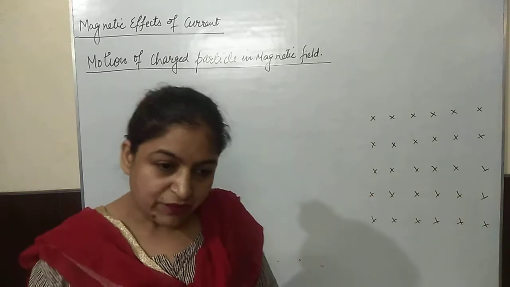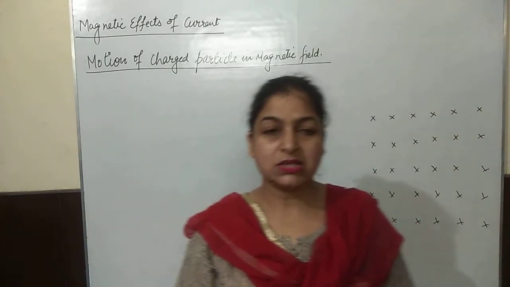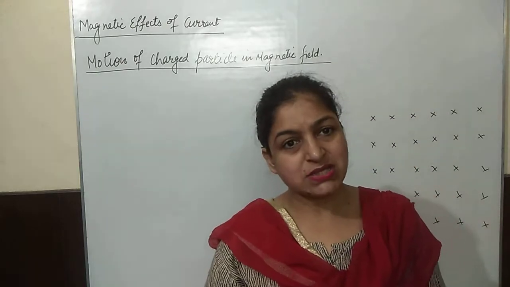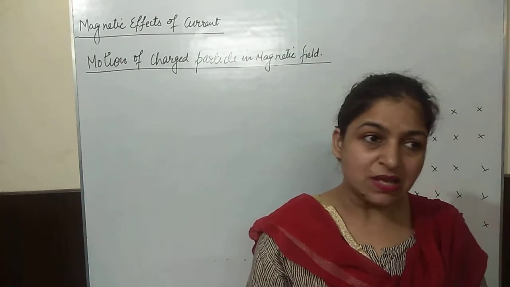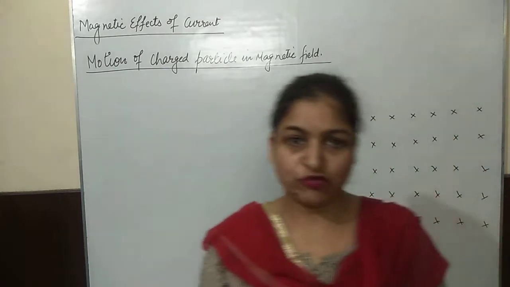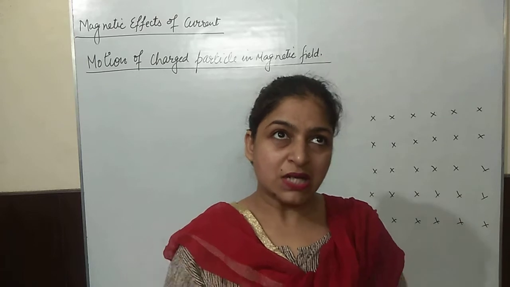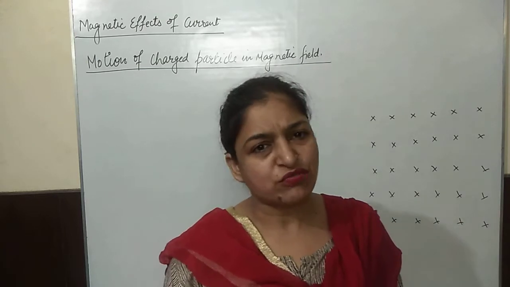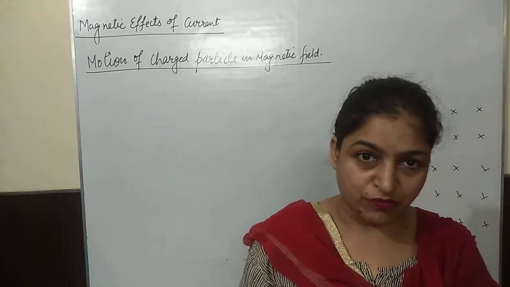Now we will divide this topic into 2 parts. In the first part, we will consider that the charged particle is entering the field at right angle. In the second part, we will see what would be the path followed by the charged particle when it enters the field at any angle, lying between 0 to 90 degrees. What type of path is the particle going to follow?